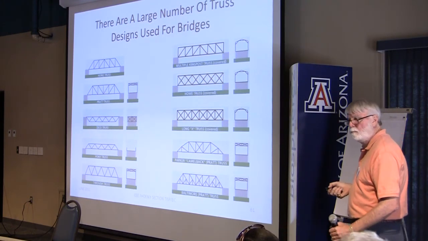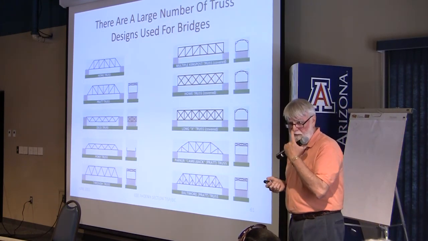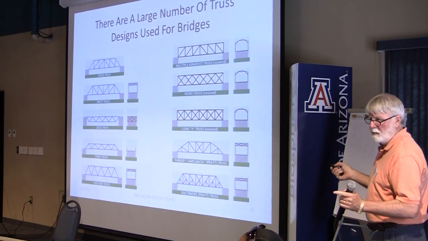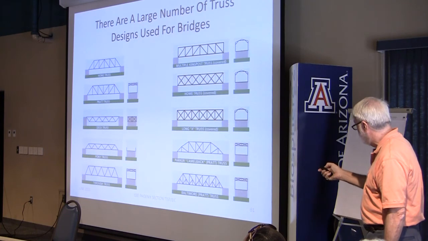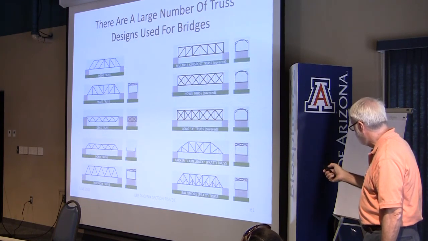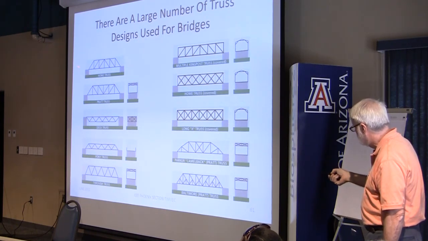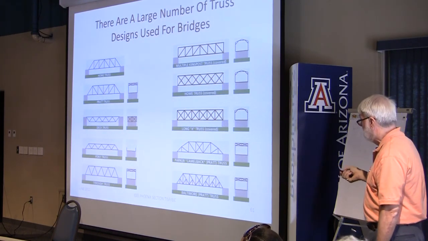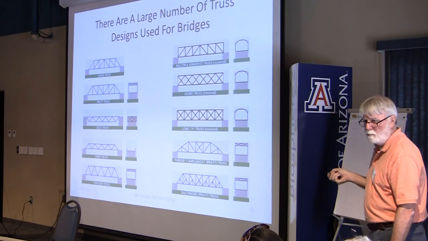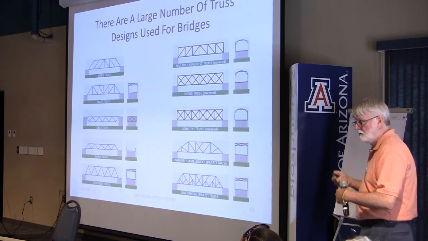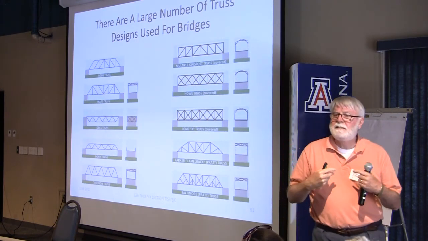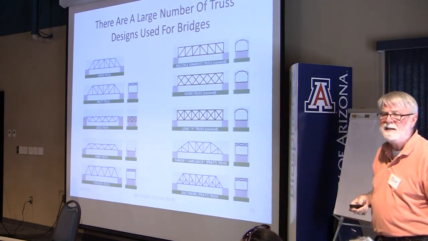Actually, my favorite isn't actually shown here. Any of you ever been back in upstate New York along the Old Erie Canal? There's a great bridge back there that looks like a beam bridge like this one, except it's upside down. And when I asked the question, why was it built that way, I was thinking some amazing engineering breakthrough that somebody had made.